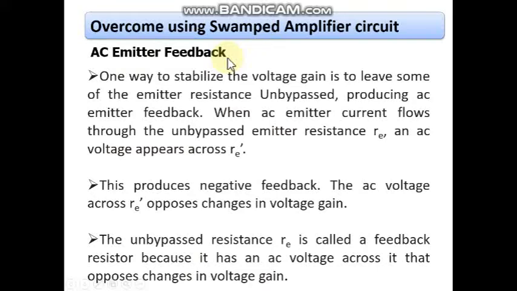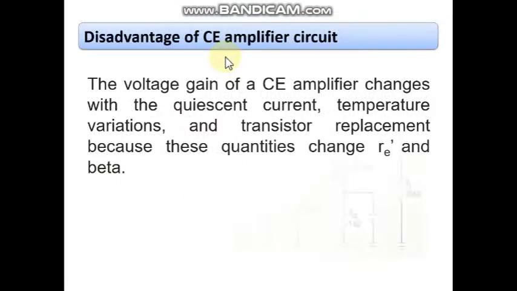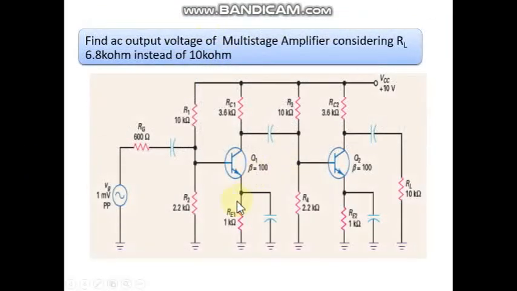AC emitter feedback. Okay, if you can recall, we are using the emitter resistor as feedback for the DC, but for AC that emitter resistor is bypassed.